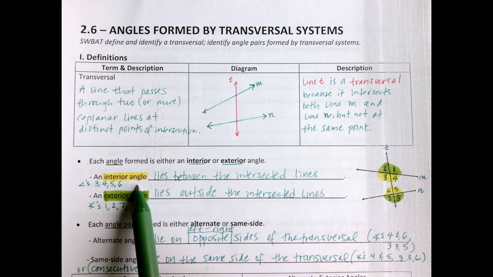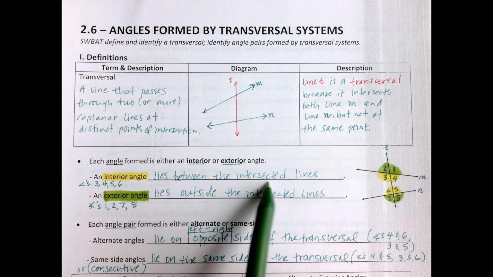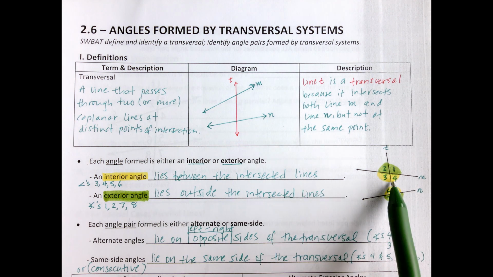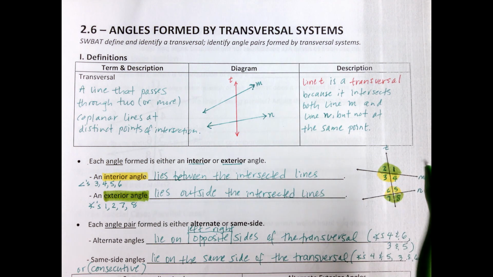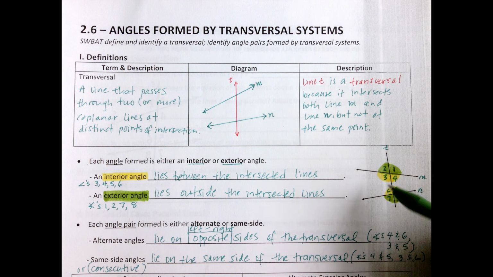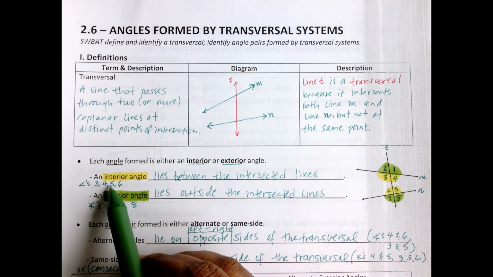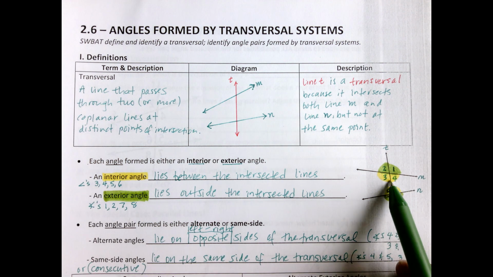The interior angles lie between the intersected lines. So the interior angles fall into this little space here because interior means inside. And so 3, 4, 5, and 6 fall inside of the two intersected lines. That's why they're called interior. Angles 3, 4, 5, and 6 are all interior angles.